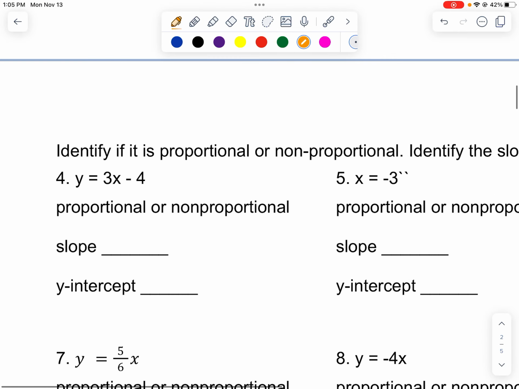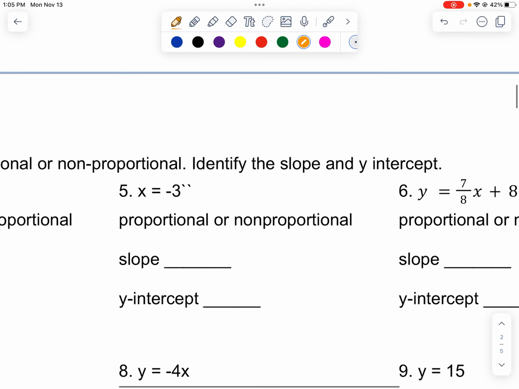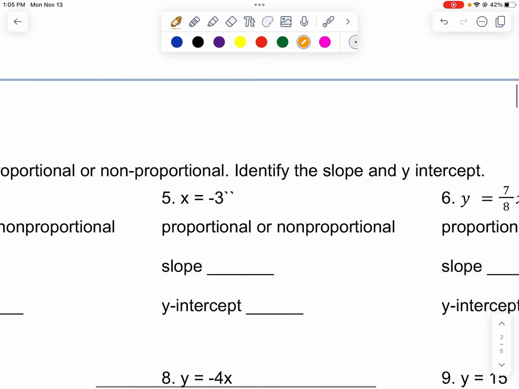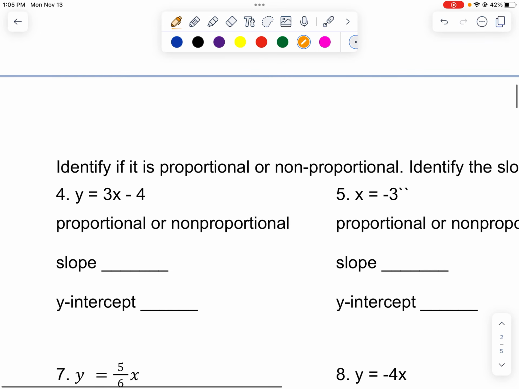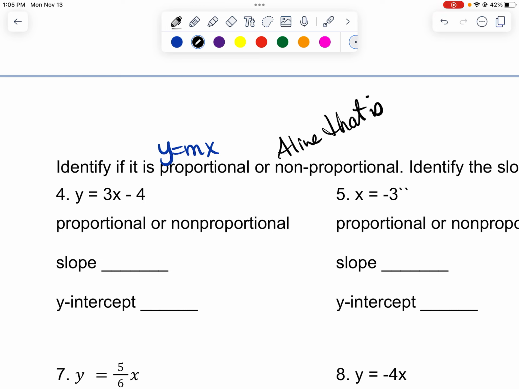Okay, next. So identify if it's proportional or non-proportional, then identify the slope and y-intercept. Remember, if it is proportional, it's going to be y equals mx. If it's a line that is non-proportional, then it'll be y equals mx plus b.